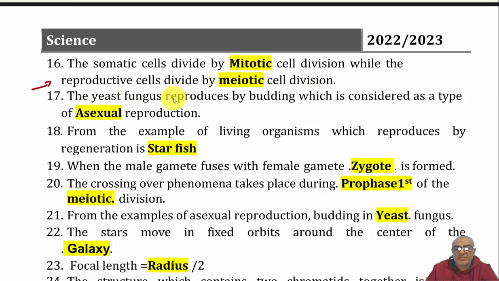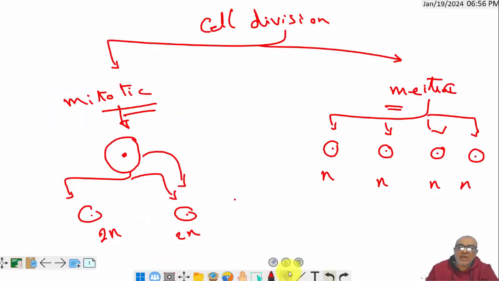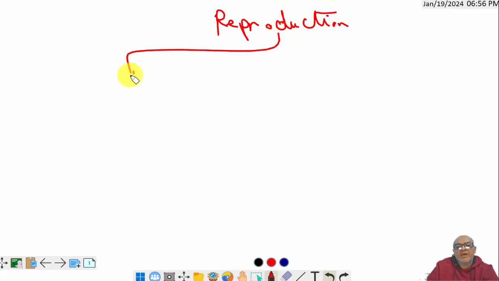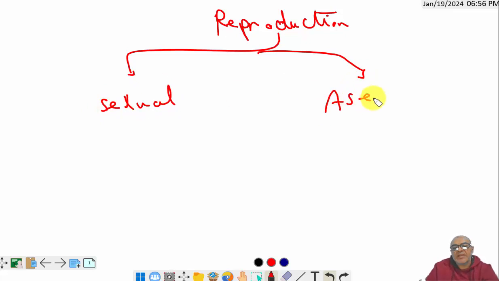Yeast fungus reproduces by budding, which is considered a type of asexual reproduction. Again, we have 2 types of reproduction: one of them is sexual, and the other is asexual.